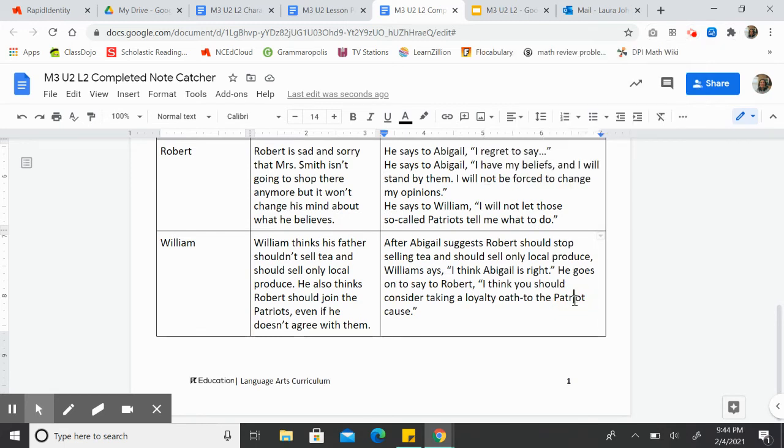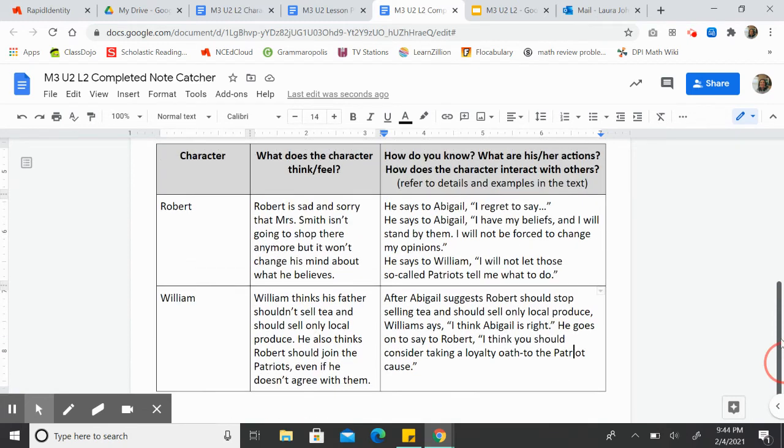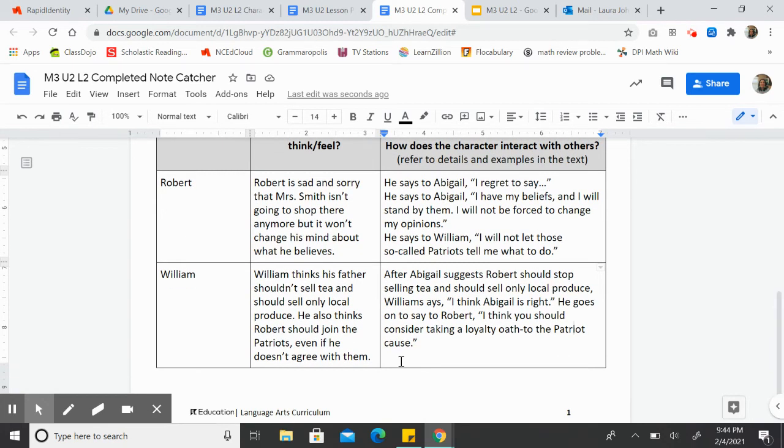Okay, so check your work to see if you got this. So how does William think or feel? He thinks his father shouldn't sell tea and should only sell local produce. He thinks that his dad, Robert, should join the Patriots, even if he doesn't agree with them. And how do we know that? Well, after Abigail suggests to Robert they should stop selling tea and only sell local produce, William says, "Yep, I think she's right."